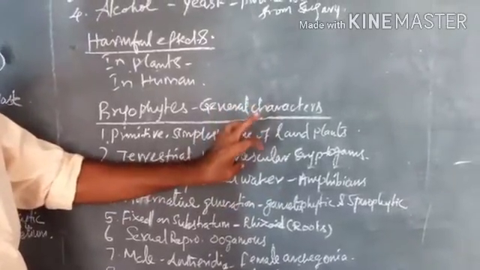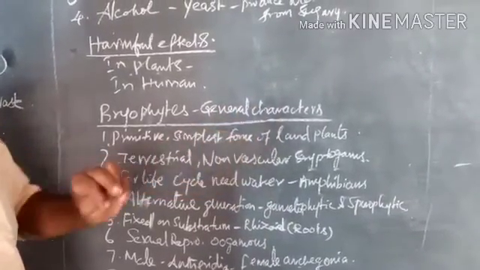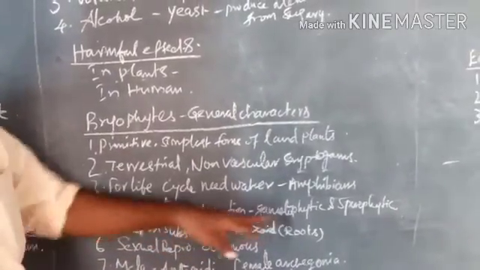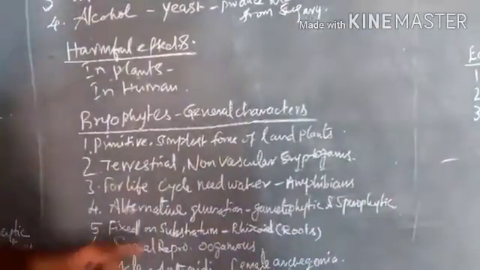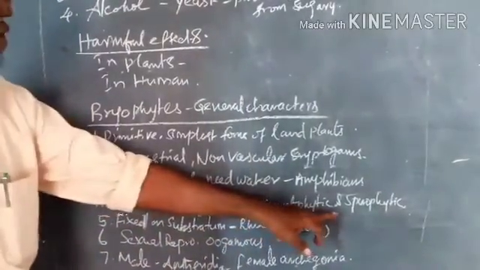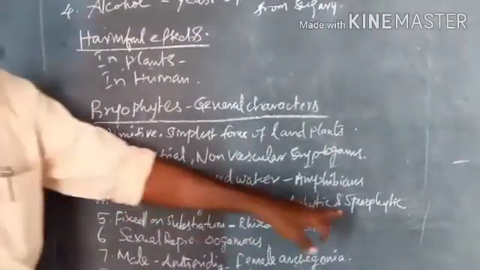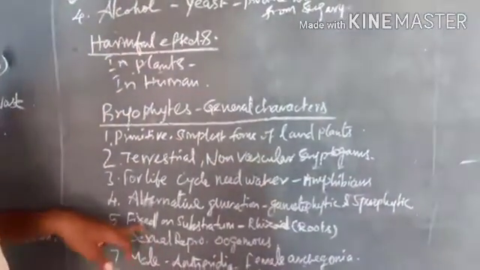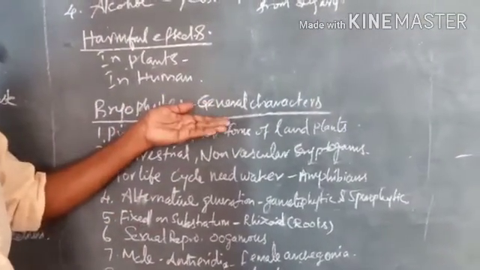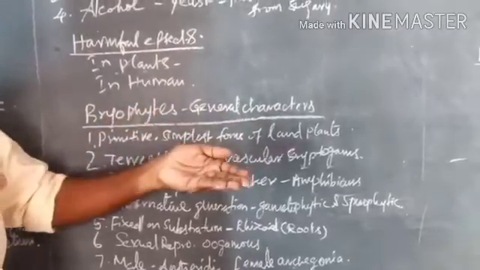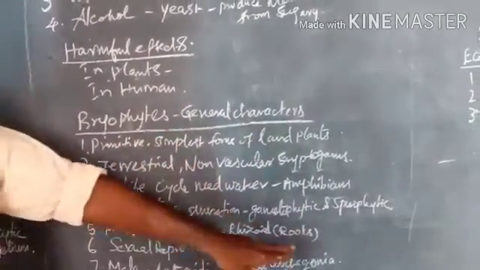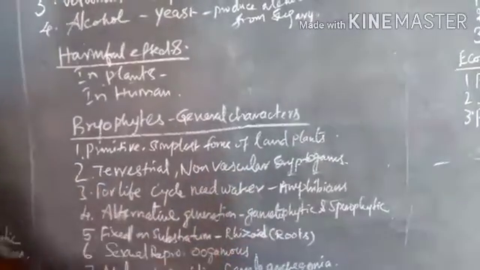Amphibian mode of life. Understand? They have alternation of generations, gametophyte and sporophyte. The gametophyte is the dominant one. The sporophyte is very small. Bryophytes are fixed to the substratum by root-like structures called rhizoids.